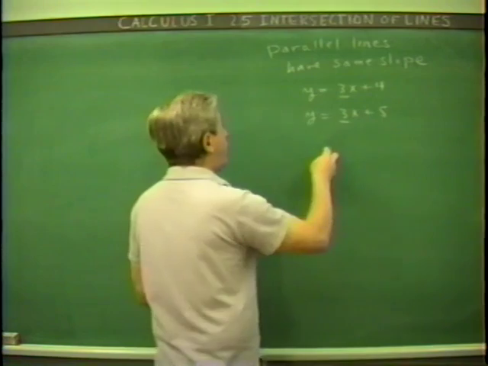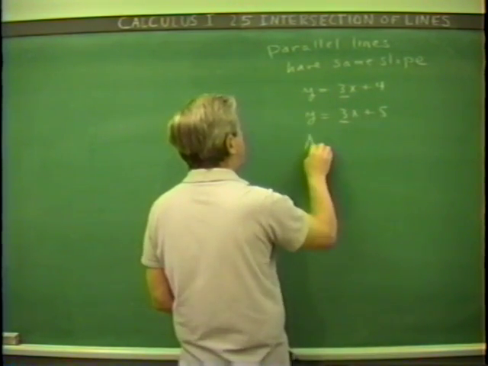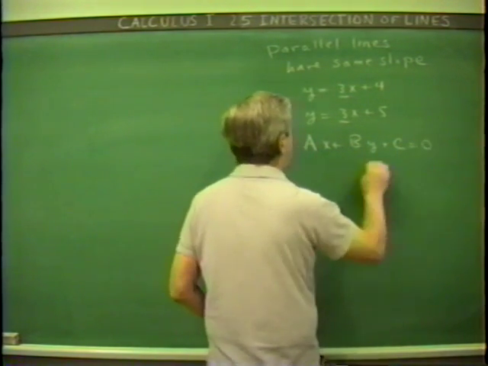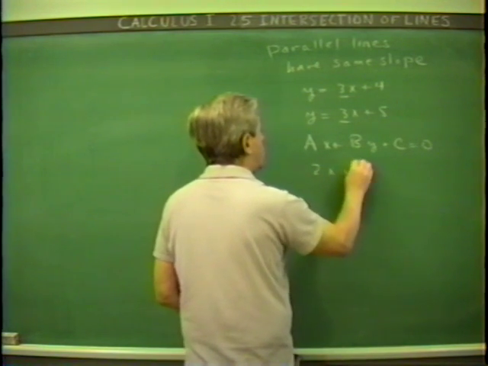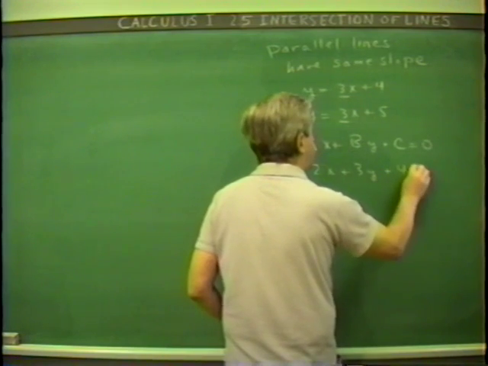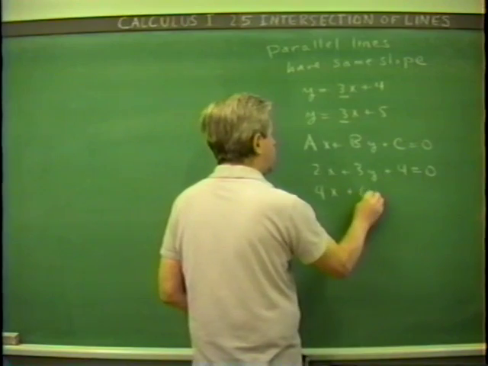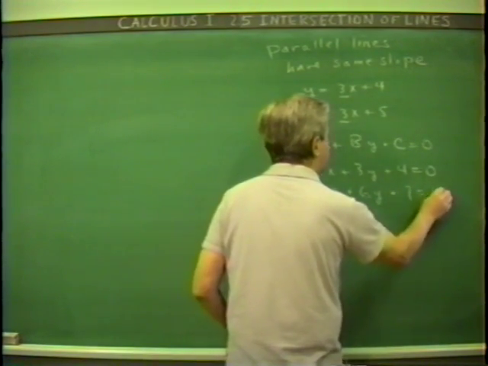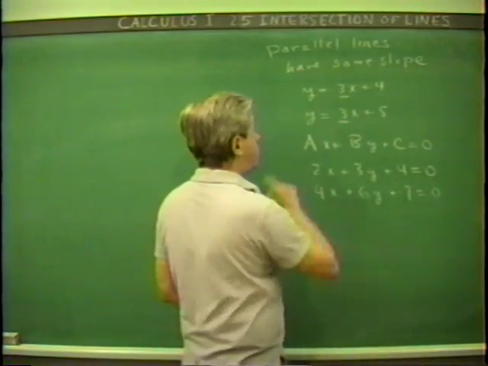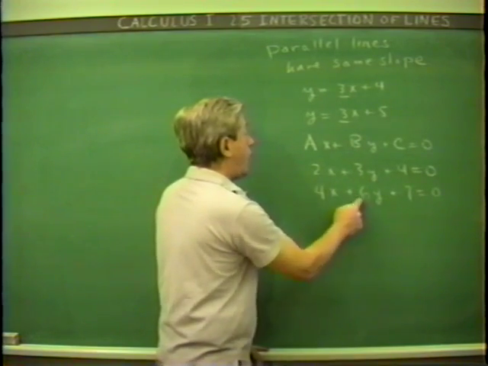That is in the form y equals mx plus b. In the other convenient form, ax plus by plus c equals 0, if we have something like 2x plus 3y plus 4 is equal to 0, and 4x plus 6y plus 7 is equal to 0, you could easily solve this and put it in the other form, or frequently you could recognize the proportionality of 3 to 2 and 6 to 4.